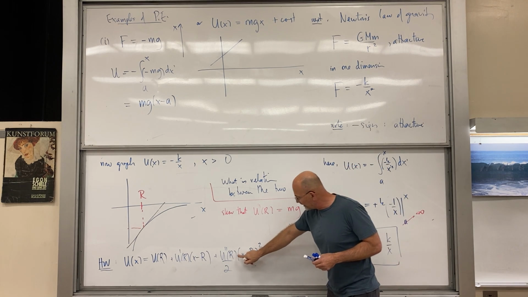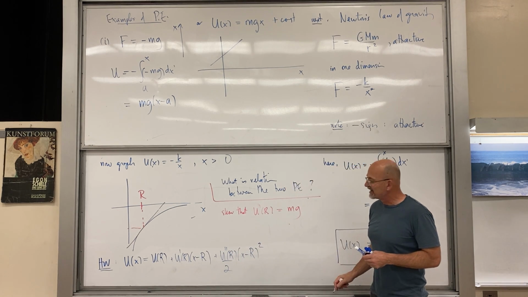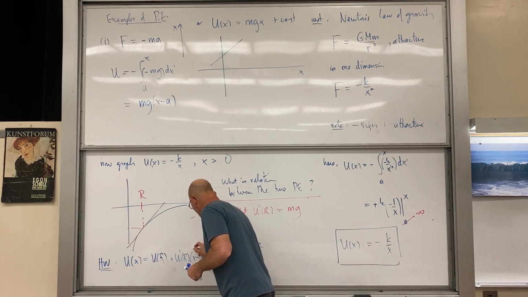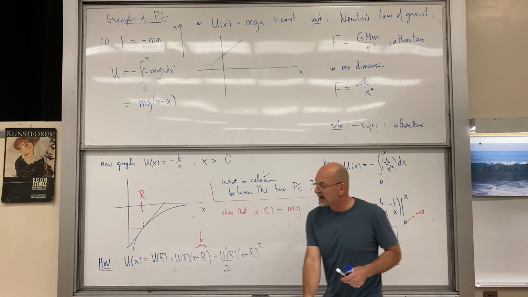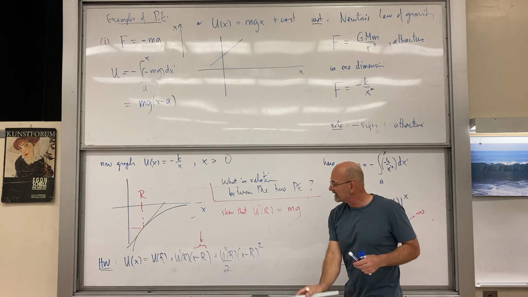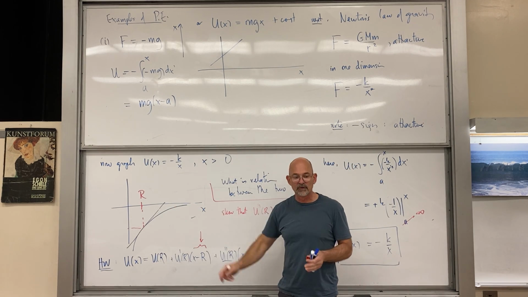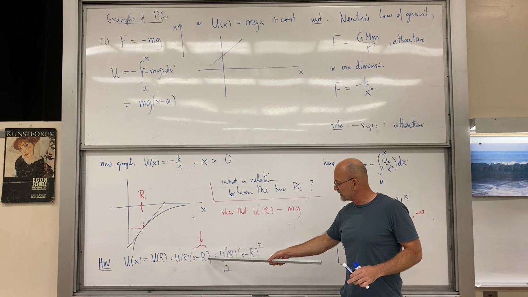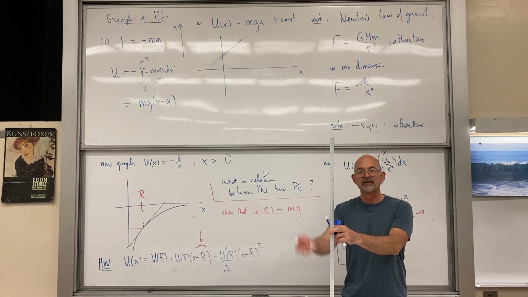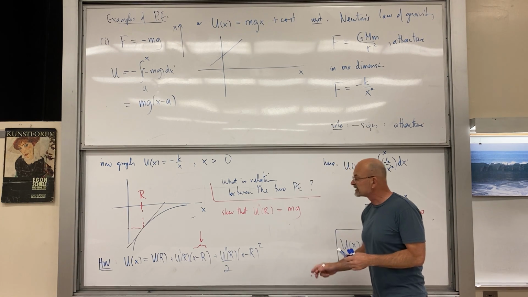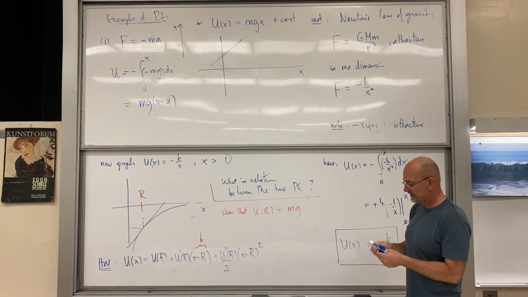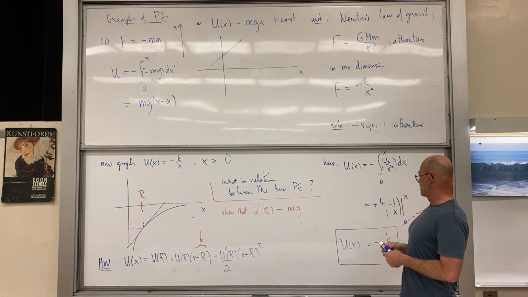And then what you'll see is this U double prime of r over 2, that is the correction. And this x minus r right here is the same thing as the x up here. It's the distance from the surface of Earth. So if I call the tabletop here the surface of Earth, then x minus r is just the distance from there. So that's a nice reconciliation between these two laws, bringing everything together.